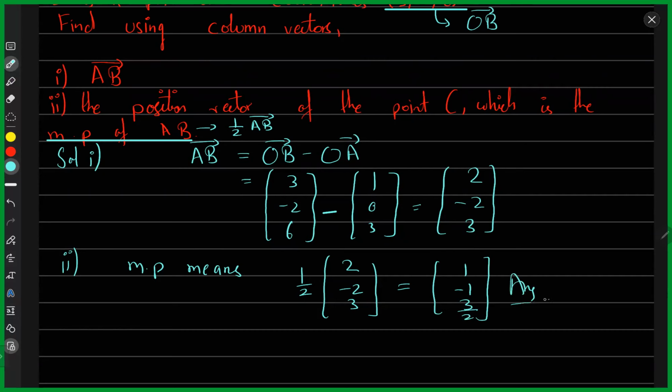So this is going to be the vector. Okay, 1 second. This is basically going to be the midpoint of AB. And now we are supposed to find out the vector OC.